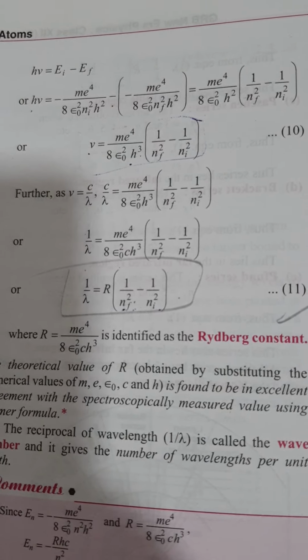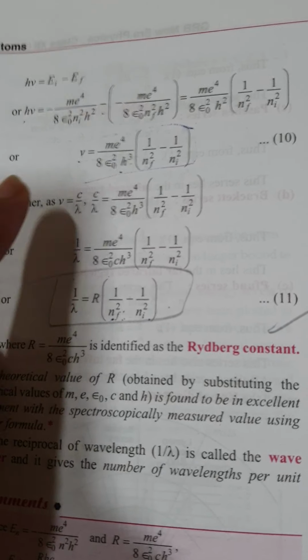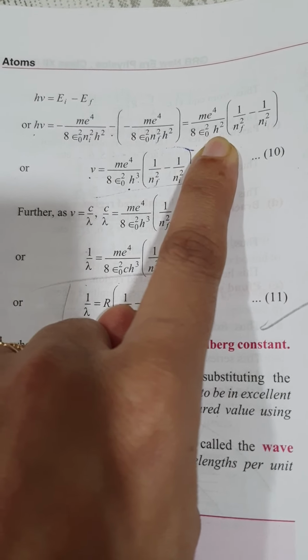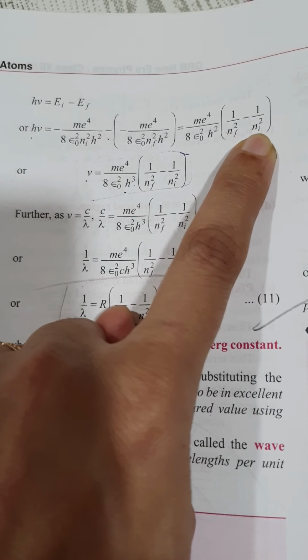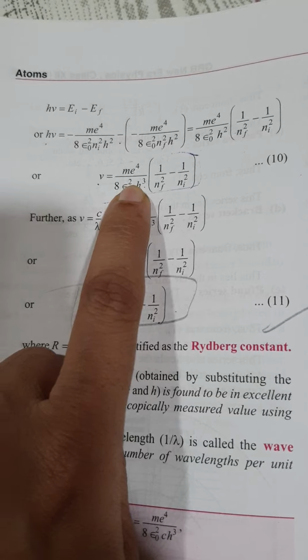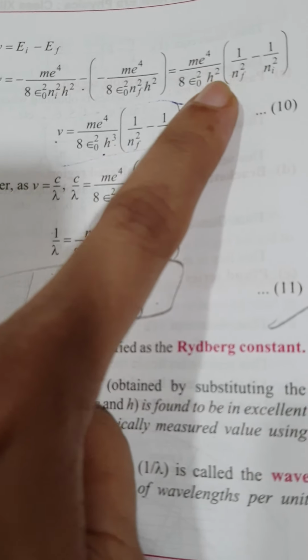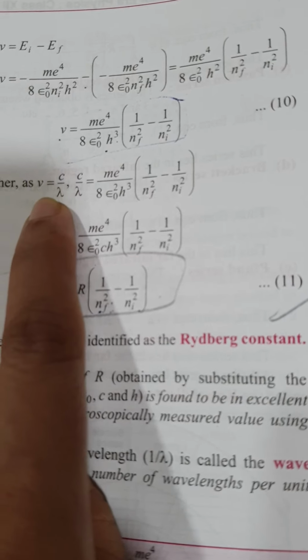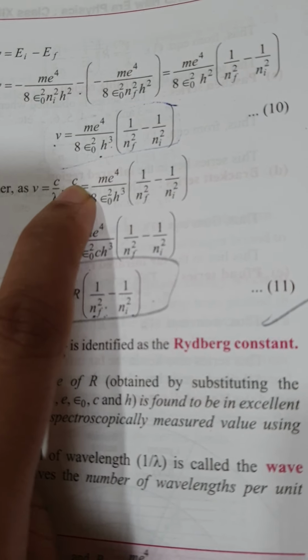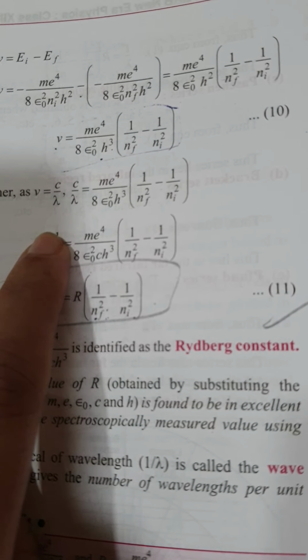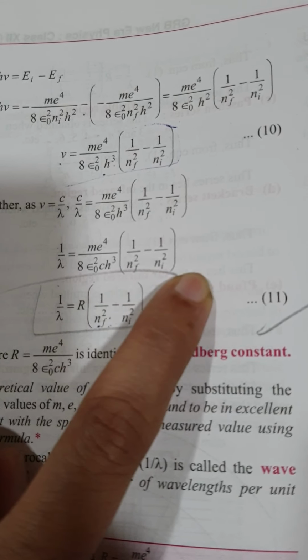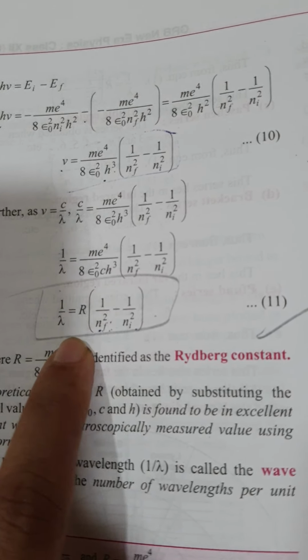So h nu is equal to minus m e raised to 4 upon 8 epsilon naught square, times 1 upon ni square and 1 upon nf square. I took the common factor out, so it is nf square minus ni square. Since it was h nu, I took h to the other side, so h square becomes h cube. Now we know frequency is c by lambda, so c comes to the denominator. So 1 by lambda is m e raised to 4 upon 8 epsilon naught square c h cube times nf square minus ni square, and this whole is known as Rydberg's constant.